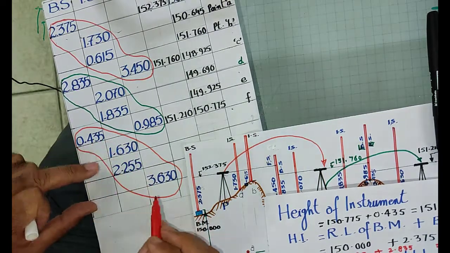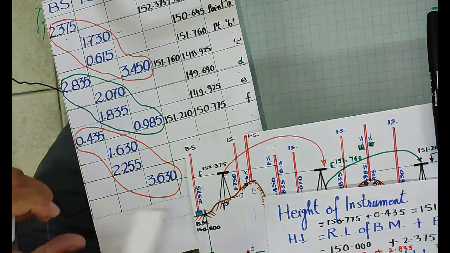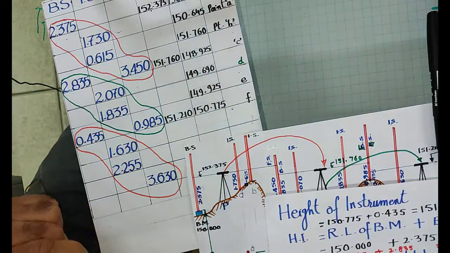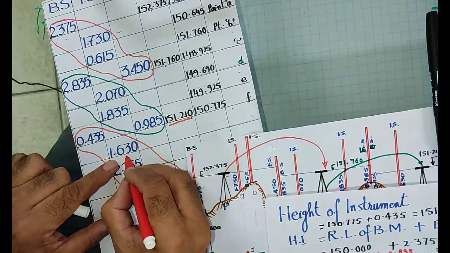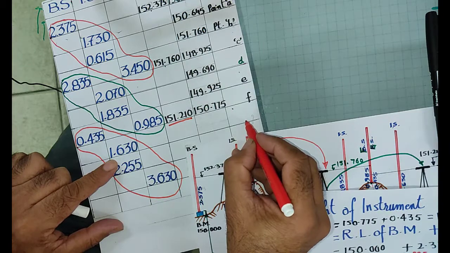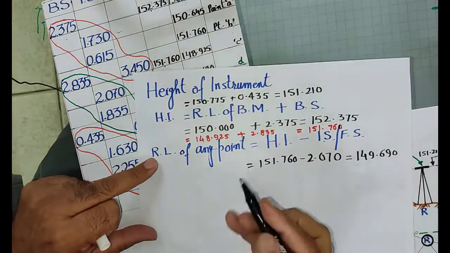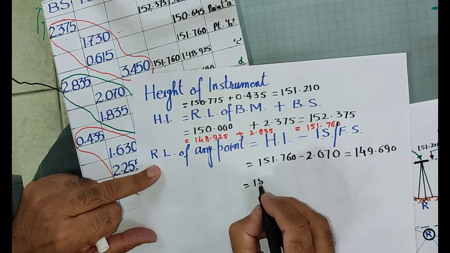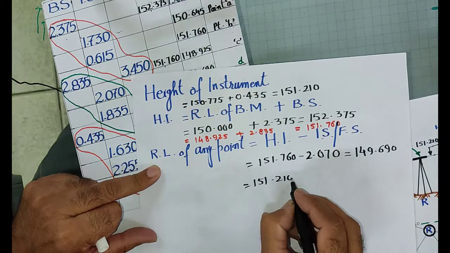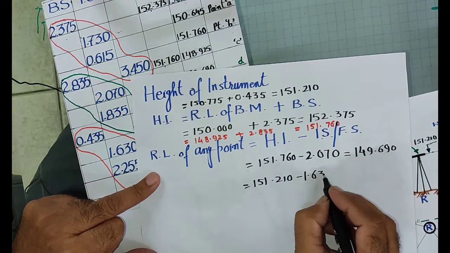Here I recorded four readings. First is back side, last is fore side, and remaining are intermediate sides. So similarly, from this height of instrument you deduct this value, and the RL of G will be here. So I will take 151.210 and deduct from this 1.630.